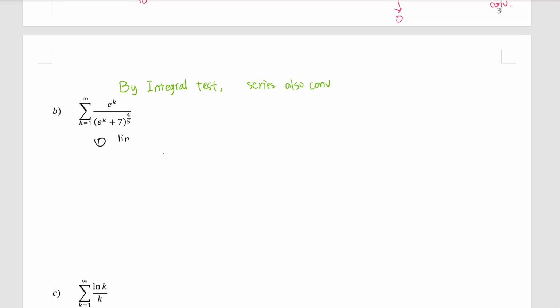But the first step is to find the limit as k goes to infinity of e to the k over the quantity e to the k plus 1, to the 4/5.